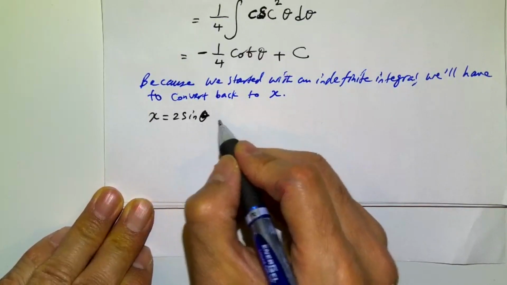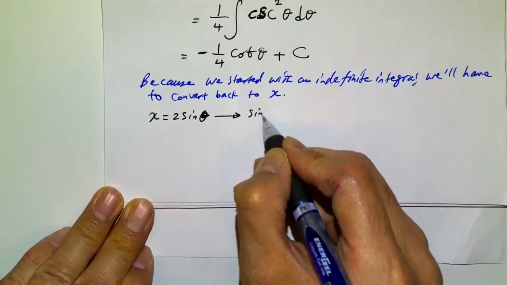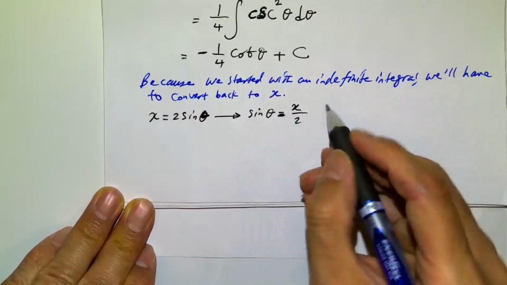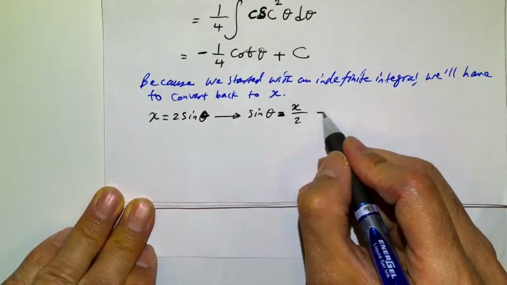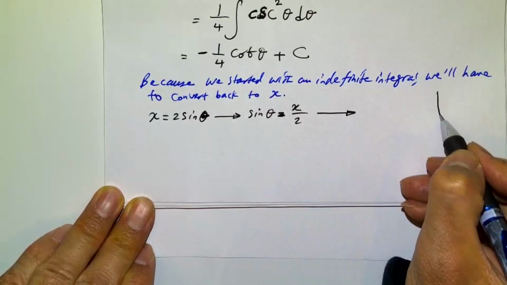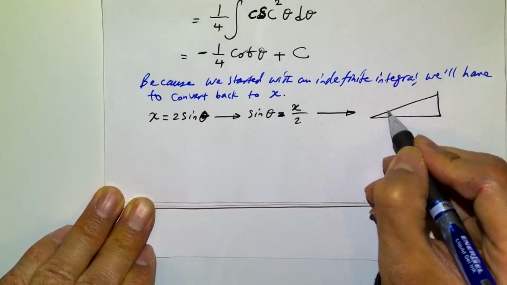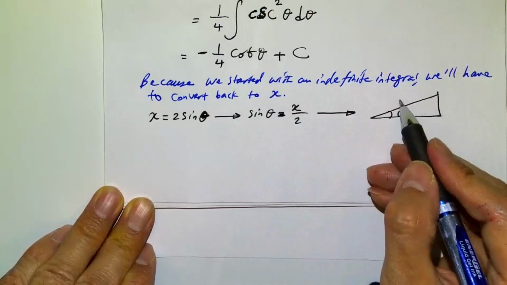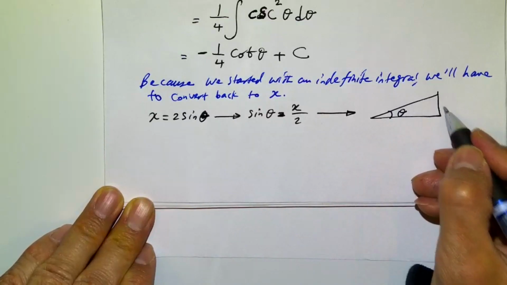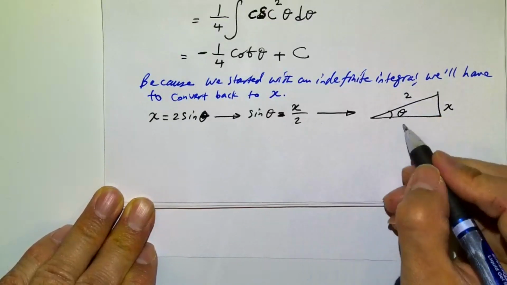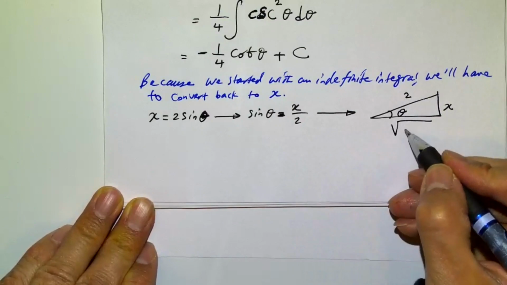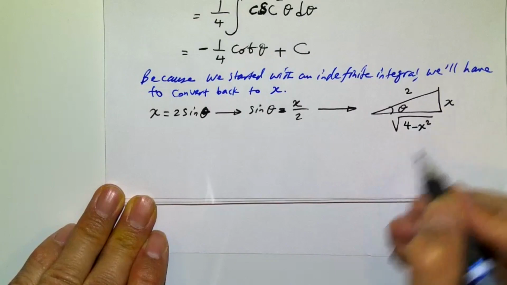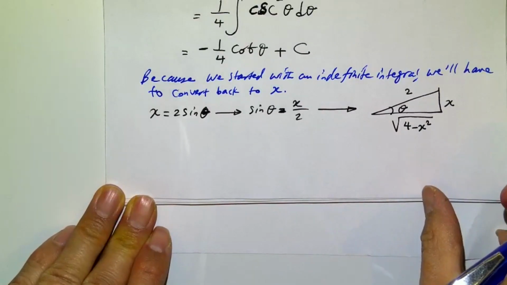Therefore, sine theta is equal to x over 2. And from here, we can translate this into a right triangle with angle theta. Sine is always opposite divided by the hypotenuse, so x over 2, which means this side, by the Pythagorean theorem, is the square root of 4 minus x squared. Okay?